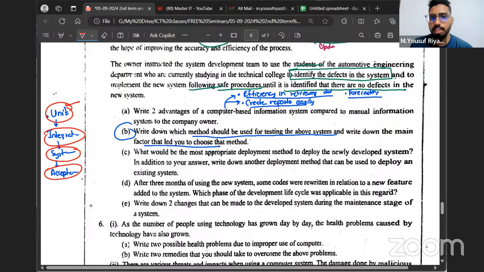If the customer finds no errors, that means the customer is happy. If the customer is happy, we are happy. You can write this in your correct terms. You can mention any answer, but your marks will be decided based on how you explain the main factor that led to your answer. So we have to know what each of these testings are. Obviously, you have to know all the testing methods and all the deployment methods. These are basic stuff in the second lesson.